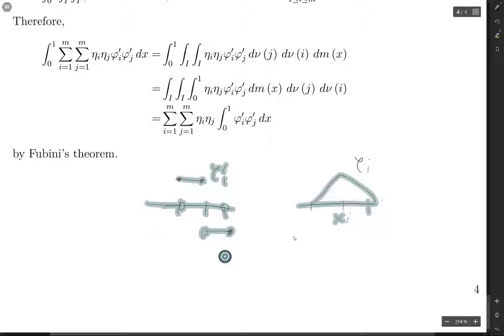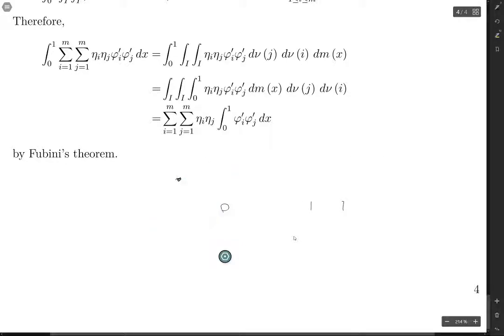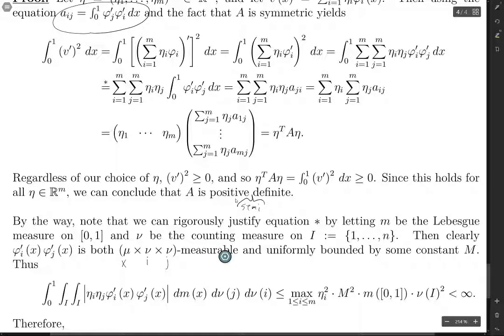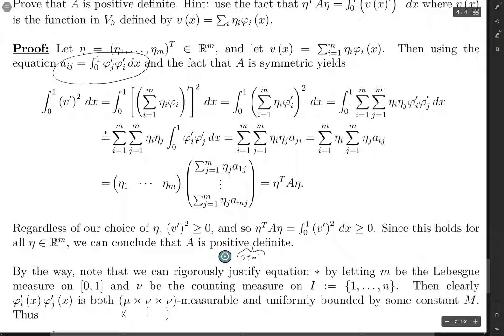So suppose eta is not the 0 vector. What does eta look like? What are we trying to do here? We want to prove that this integral is strictly positive if eta is non-zero.